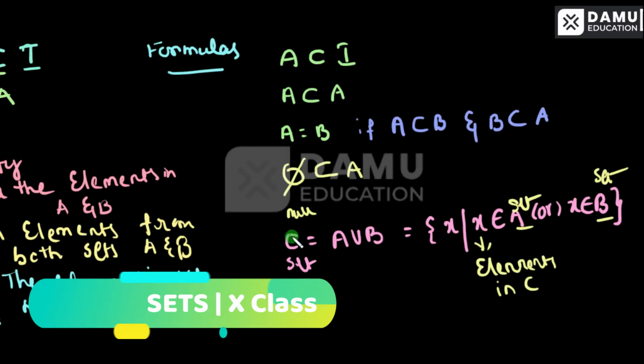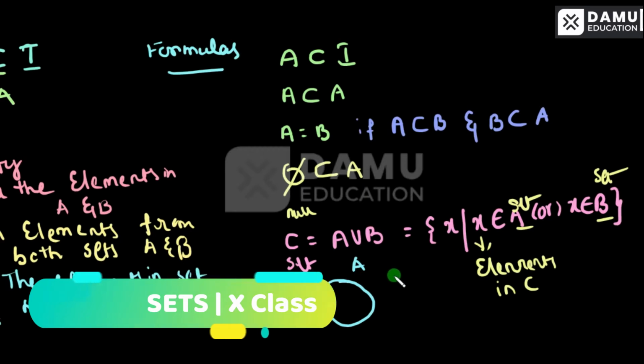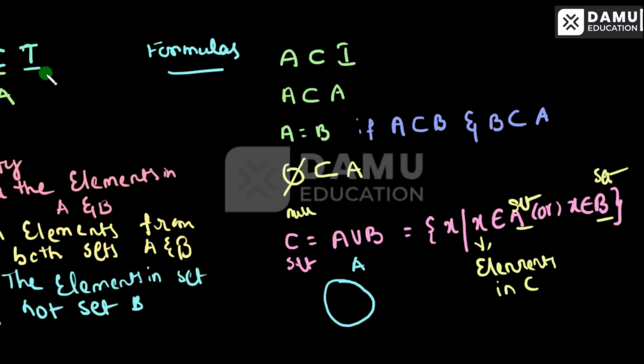Next, for this I just want to draw one Venn diagram. So draw set A and set B. Draw the Venn diagram like this, set A and set B. A union B means it will show everything completely.